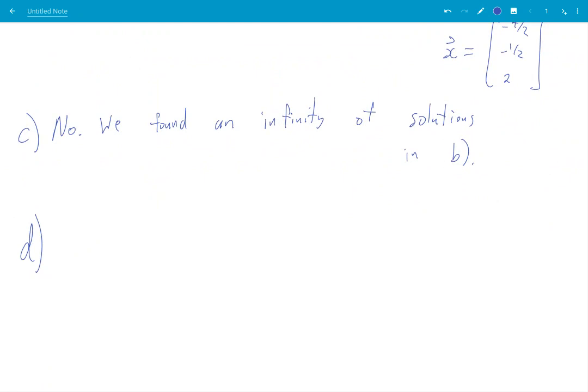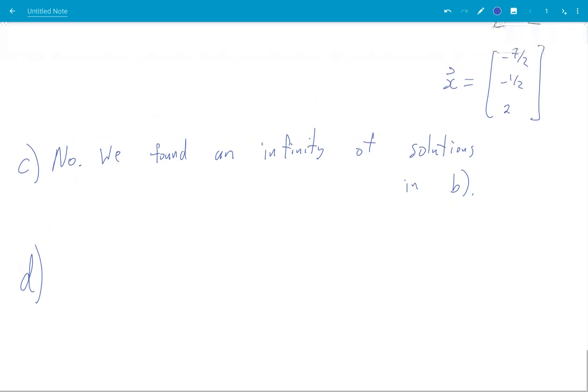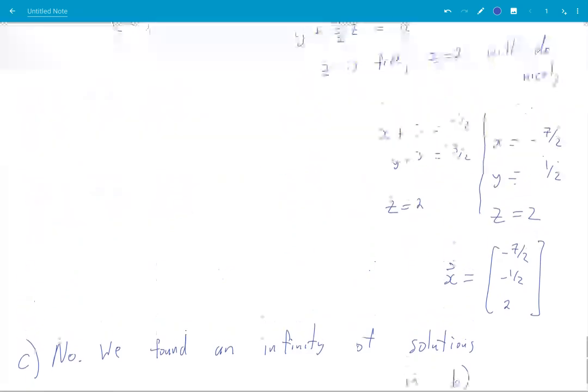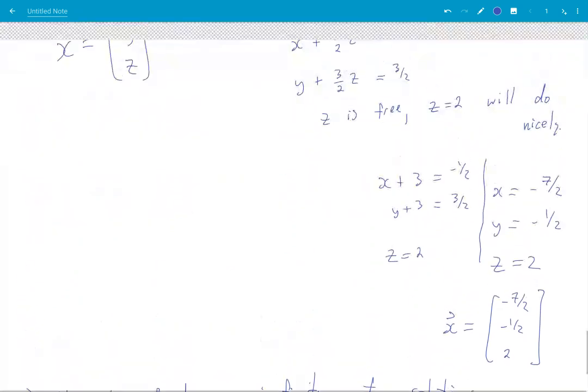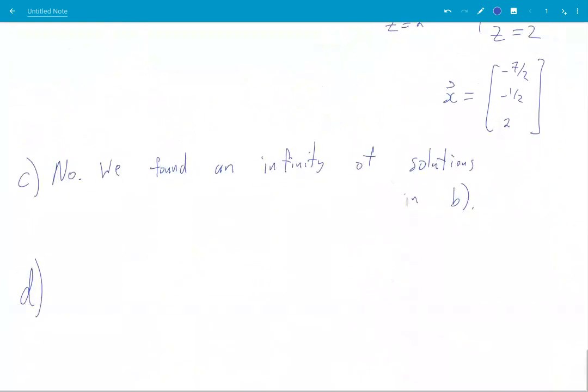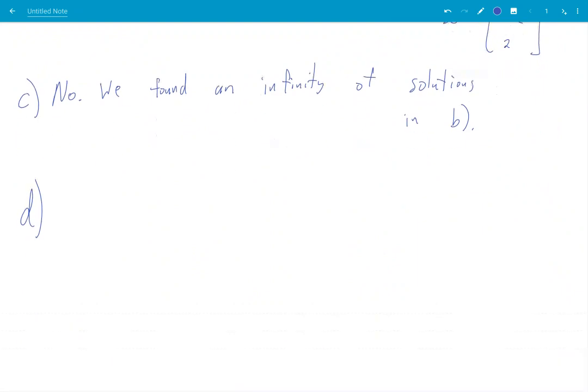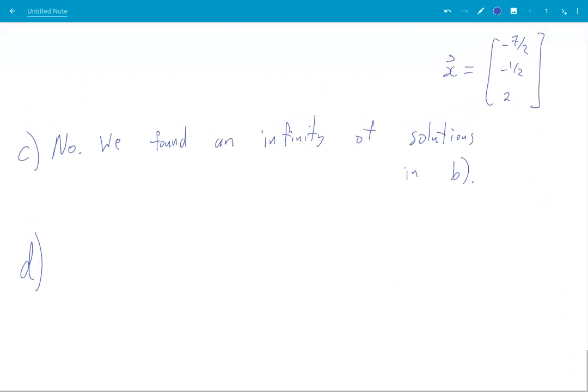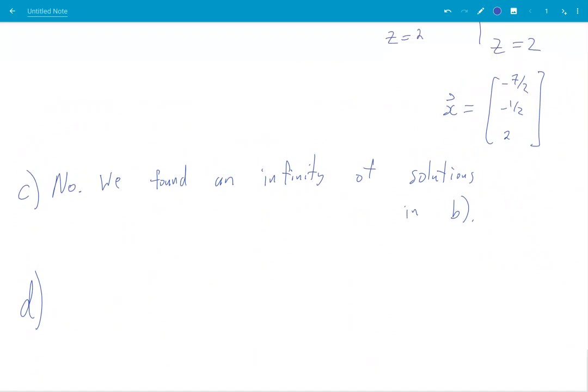Part D: is C in the range of T? Well, let's have a look. You'll recall that the range of a function is, well, in Cal 1, the range was the set of y values that you achieve with your function.